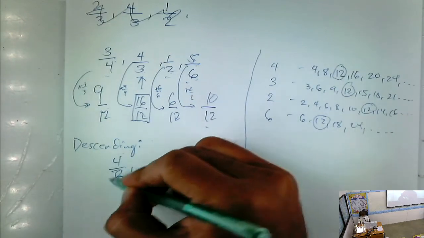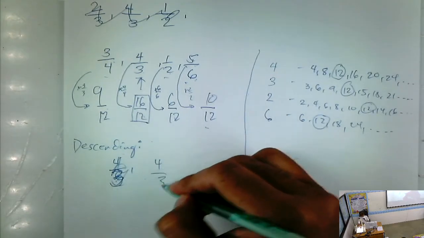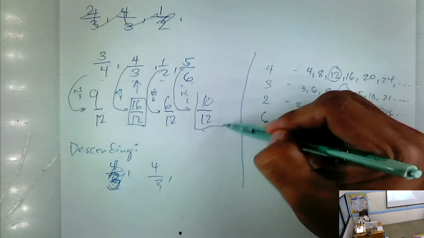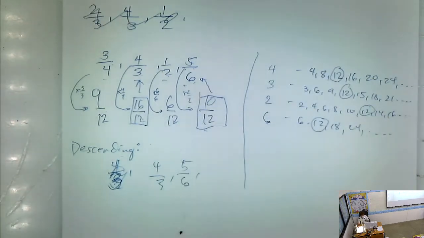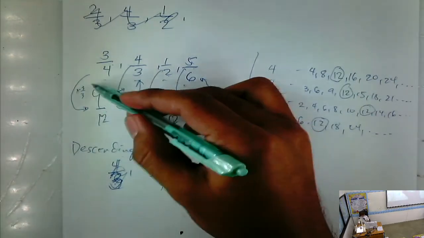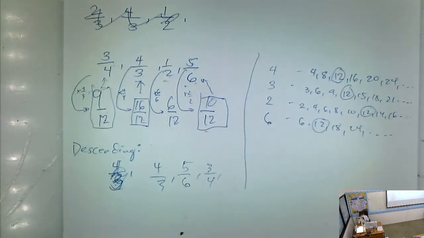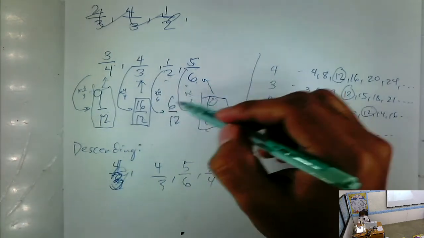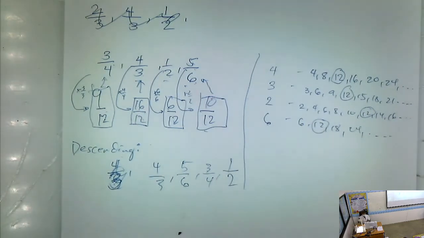How about the next one? The next one is 10 over 12, which is 5 over 6. Then 9 over 12, which is 3 over 4. And the last one? 6 over 12 or 1 over 2.